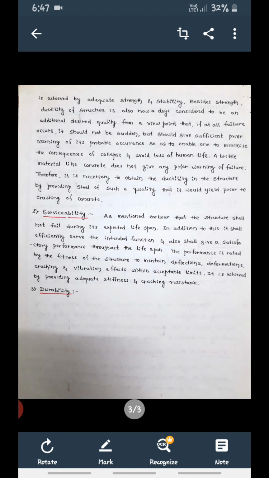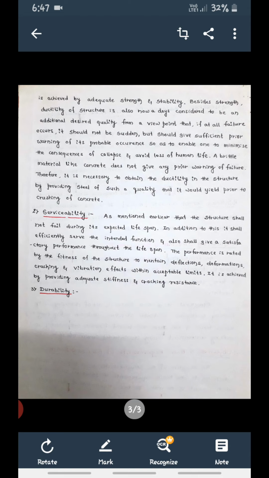Okay, right? So this is a small introduction to reinforced concrete elements. In the next video lecture we're going to start with the basic requirements for the design of elements.